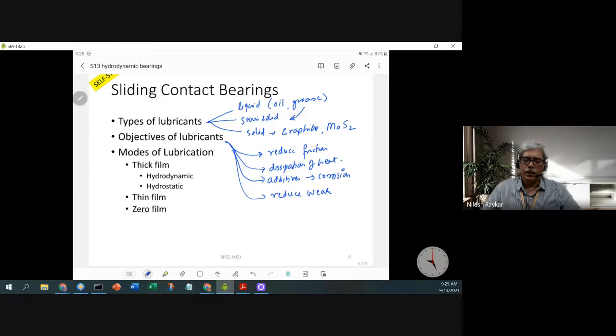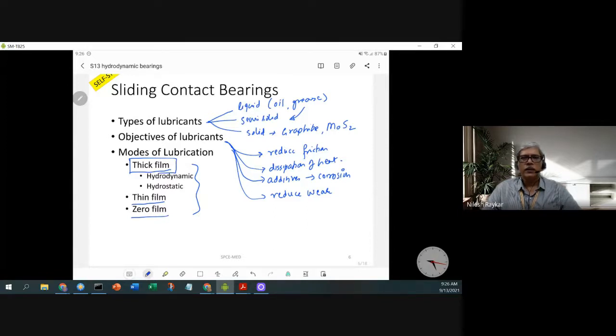There are three modes of lubrication. They are called thick film lubrication, thin film lubrication, and zero film lubrication. The thick film lubrication is the topic of our discussion. Here thick does not mean it is literally thick.